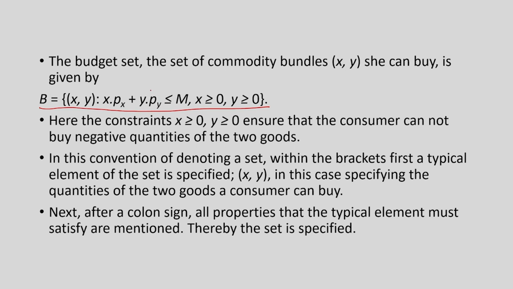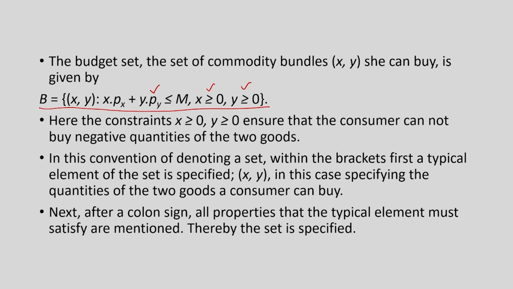First is the budget constraint, we have seen this, but there are two other constraints also, right. X is greater than or equal to 0 and y is greater than or equal to 0. Here the constraints x is greater than or equal to 0 and y is greater than or equal to 0 ensure that the consumer cannot buy negative quantities of the two goods.